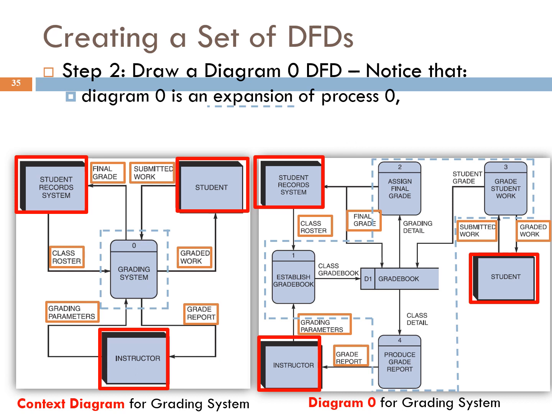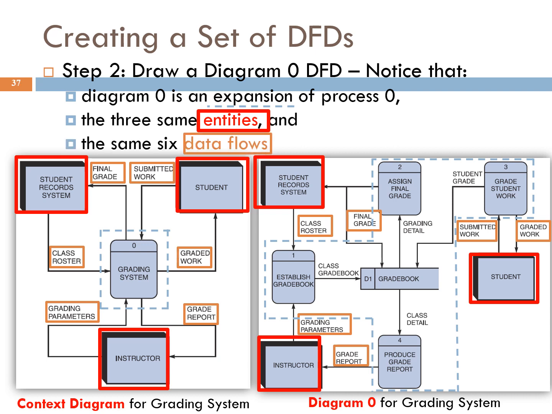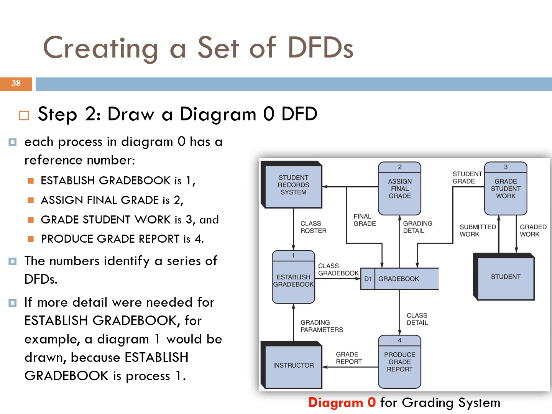As mentioned there, notice that diagram 0 is an expansion of process 0. It has the same entities and the same 6 data flows going to and from the entities.